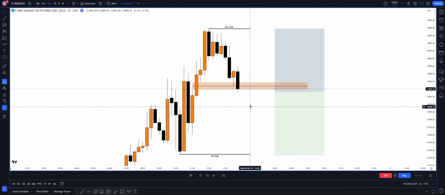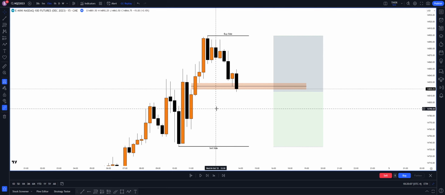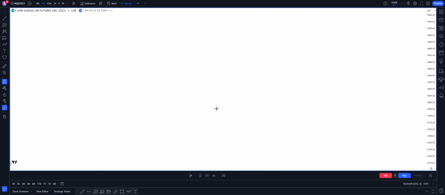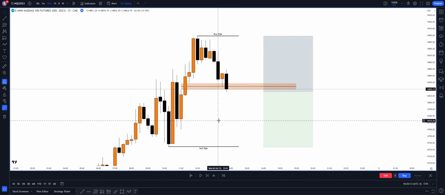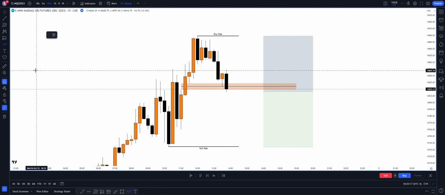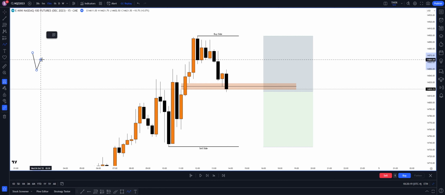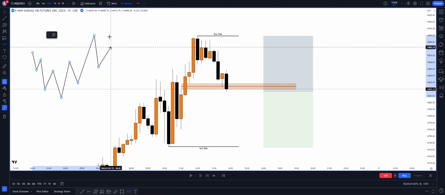Now, once it traded into the discount area, you can go on the 1 minute chart. Let's see if I could go. No, I can't. On the 1 minute chart, wait for a lower time frame bullish confirmation. What it would look like is basically something like this, where you're coming down, right, traded into there, and boom.